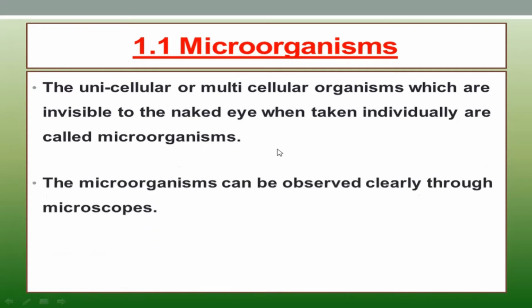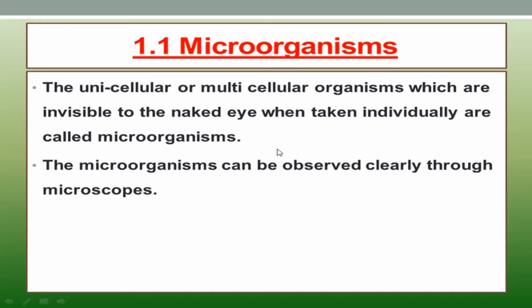Then we will go to learn about the next point under this topic. Microorganisms can be observed clearly through a microscope. Mainly there are two types of microscope: light microscope and electronic microscope.